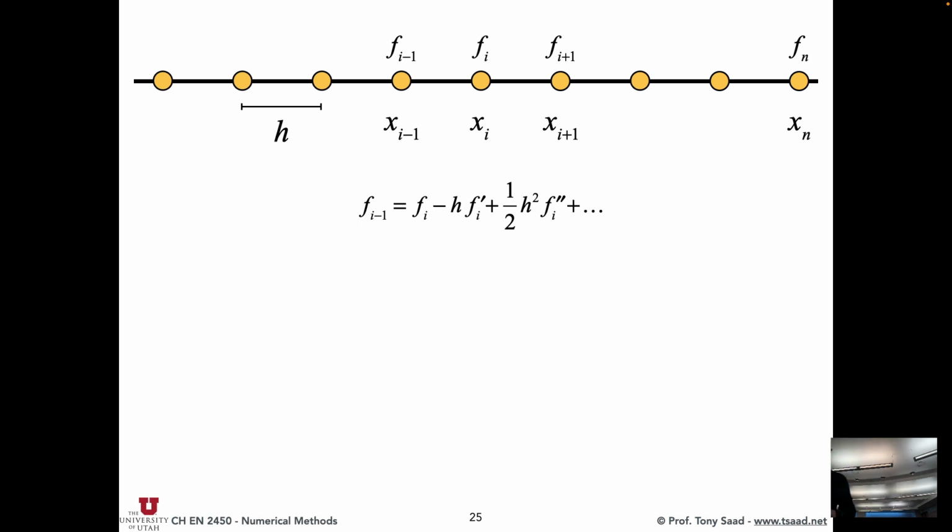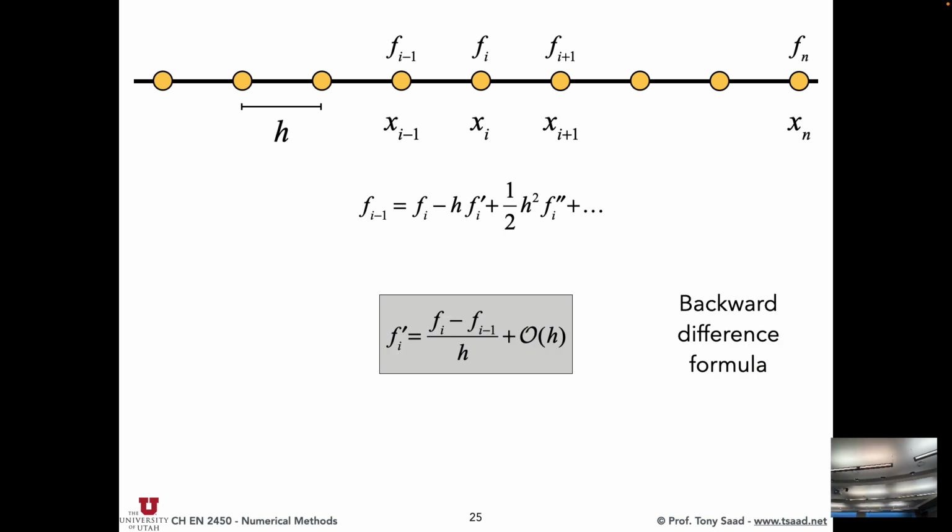If you eliminate all the high order terms and extract f prime i, put it on the left, you get f(i) minus f(i minus 1) over h plus order h. It's a first order method. This is called the backward difference formula. It's a first order method, similar to the forward difference, but you can use it at that last data point.